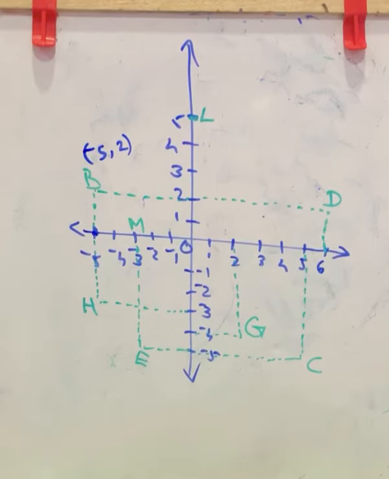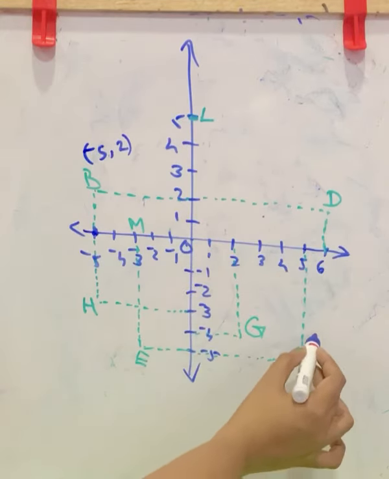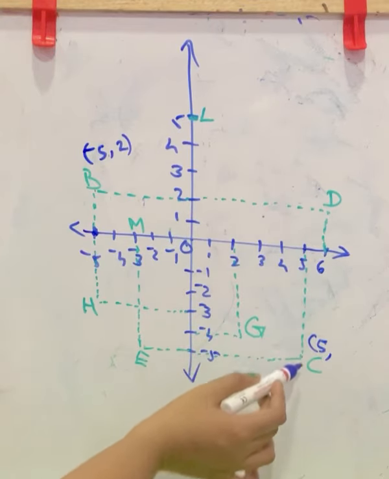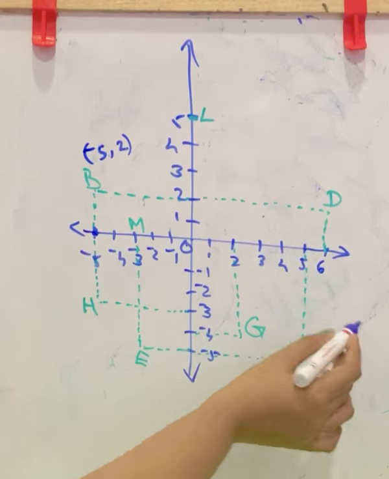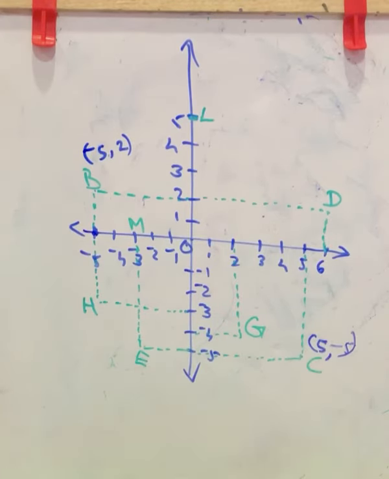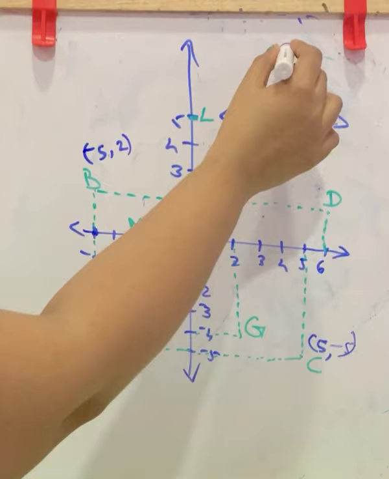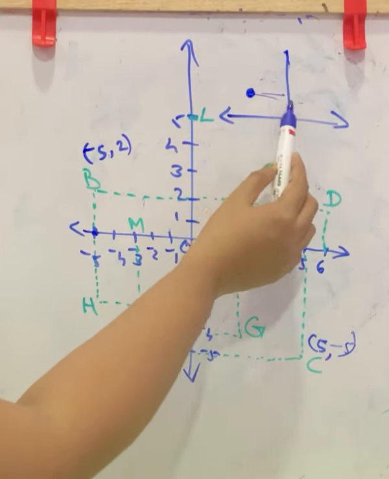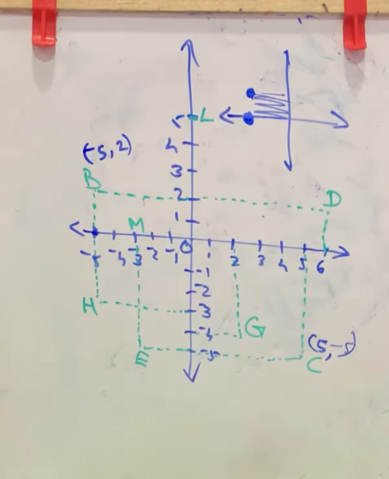Now the coordinates of C. This is C here. First you say this distance, that is x. X is 5 and the height, that is y, is -5. So remember, if you are asked to find the coordinates of a point, first check the distance here. That value will be on the x-axis.